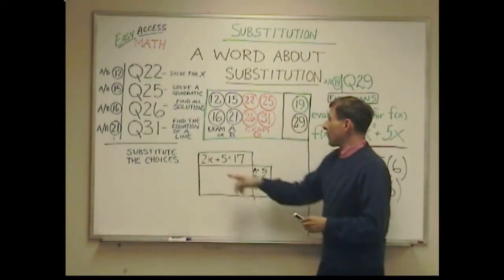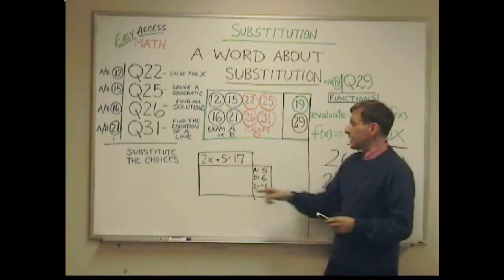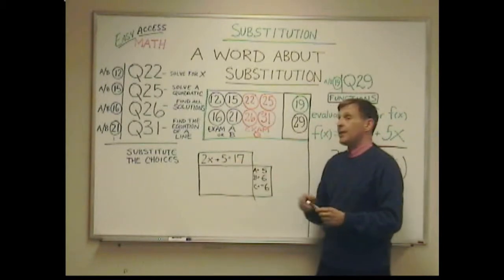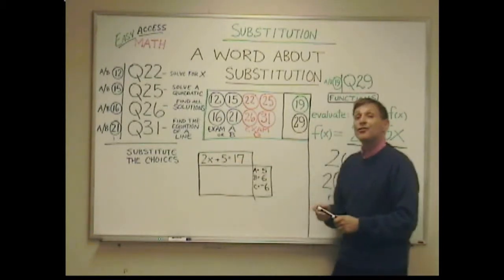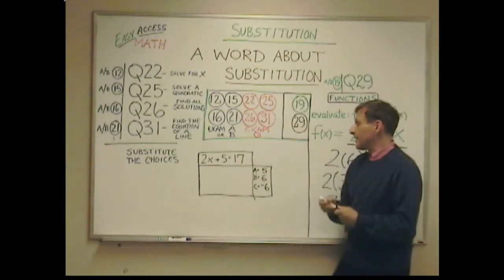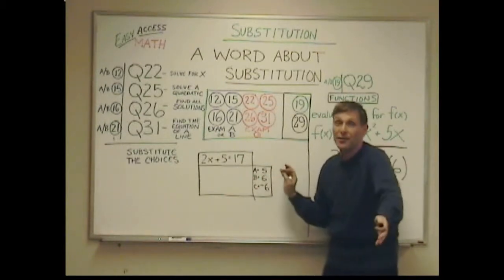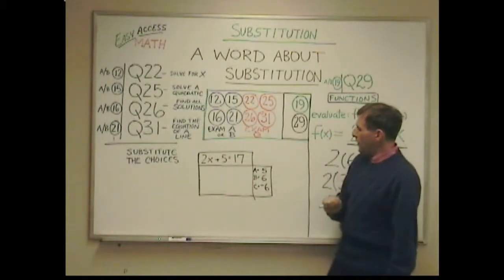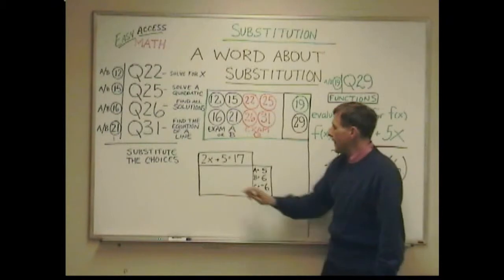As in this example, if I had the equation 2x plus 5 equals 17, and I wanted to solve for x, if I'm using substitution, let's say I wanted to try choice A, 5.